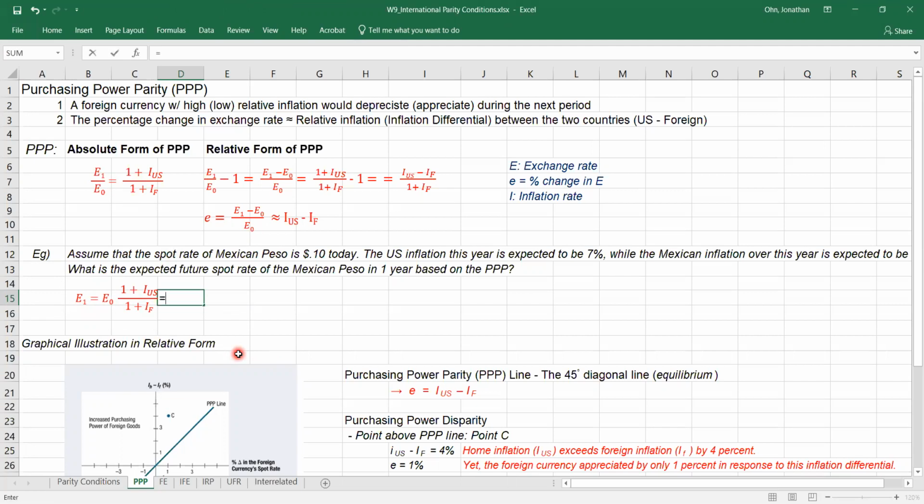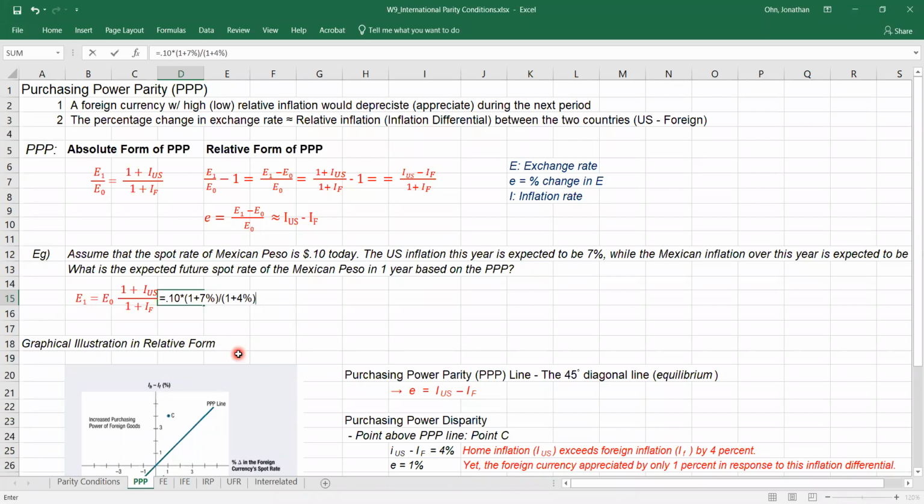E1 is E0. E0 is 0.10 times 1 plus IUS, 7%, divided by 1 plus 4%.